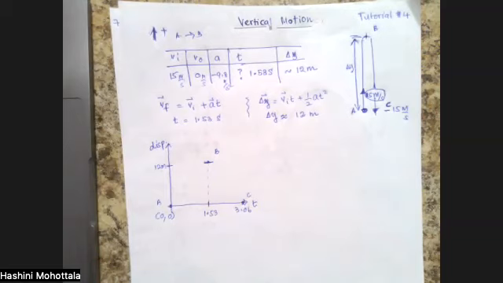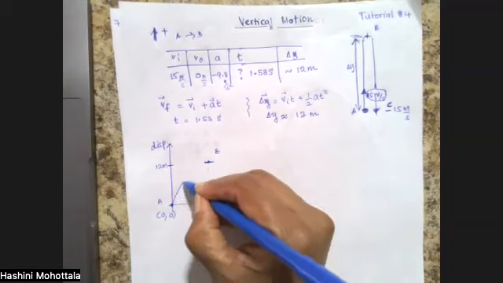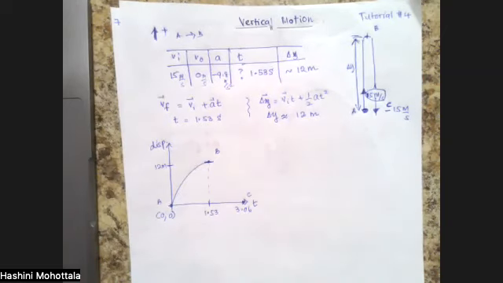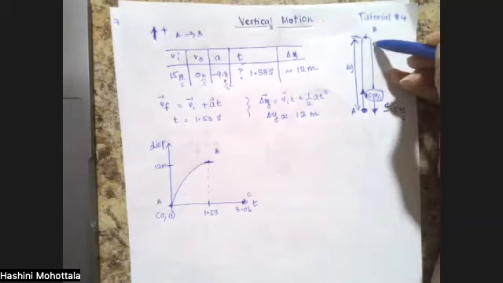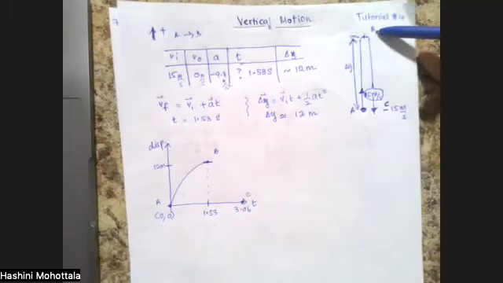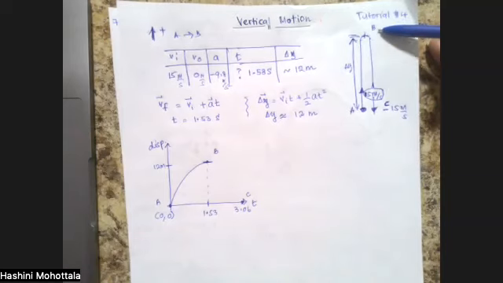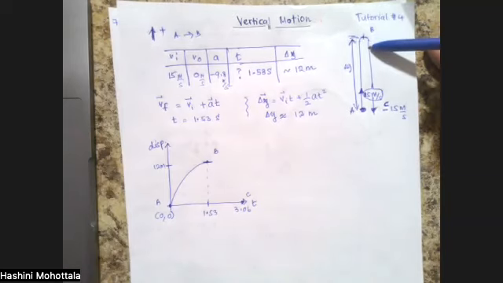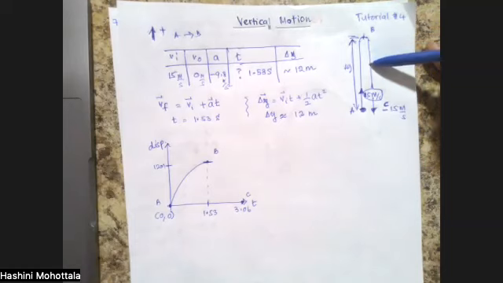And we know the shape of a decreasing velocity, and here we do the first half going from A to B. Now going from B to C, the velocity is again increasing. At point B, the velocity is 0, and now it is heading back, so it is gaining velocity.